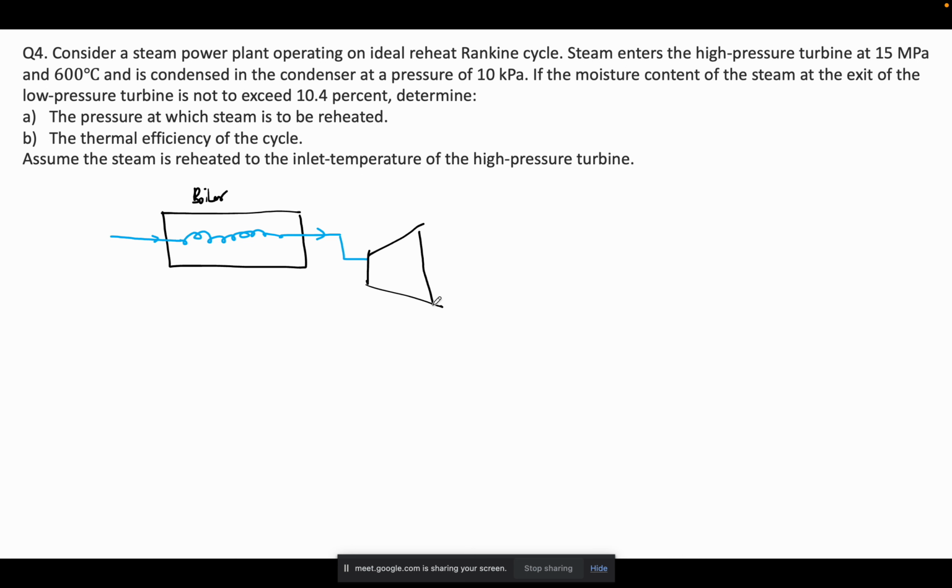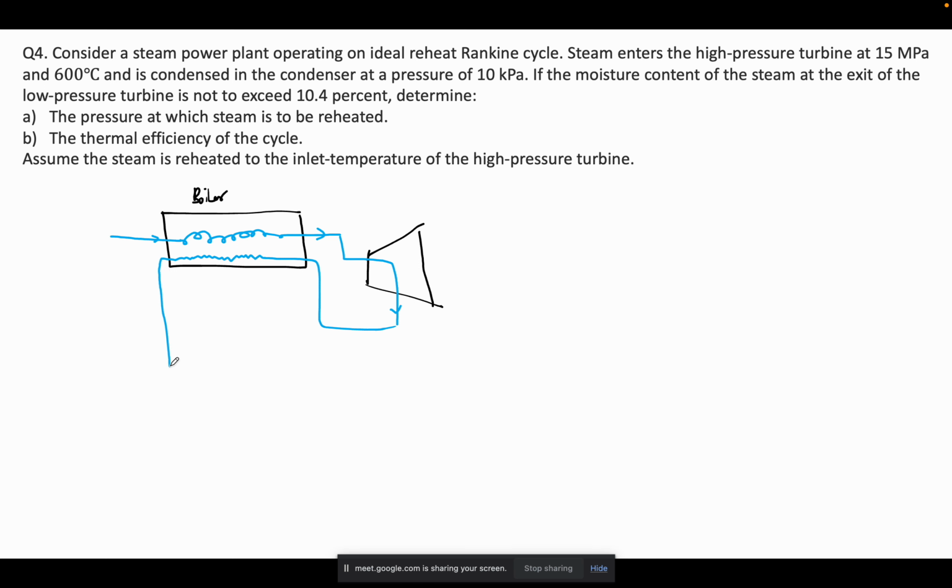Now it is not directly expanded to condenser pressure. It is partially expanded to some pressure, and then it is allowed to pass through the boiler once again, and then it is reheated.